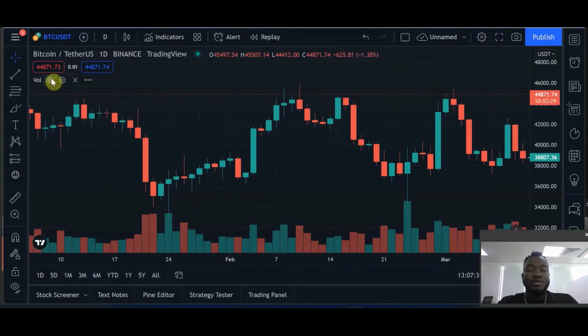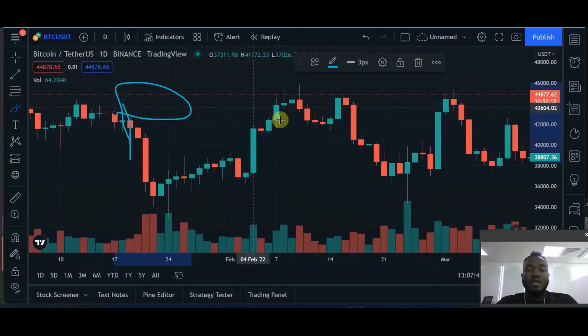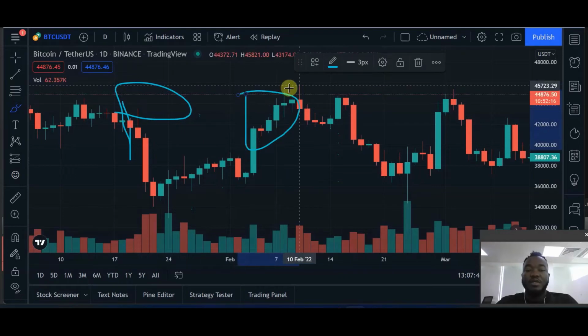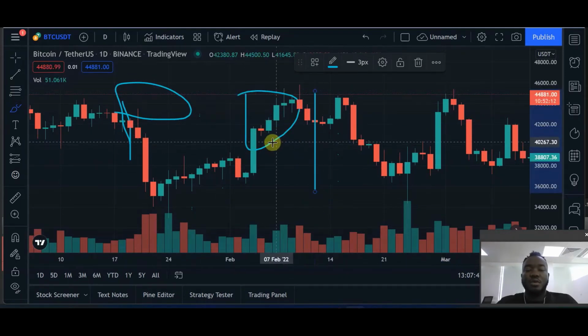I'm going to show you what is called the POI trading strategy. POI means point of interest: P is point, O is of, and I is interest.